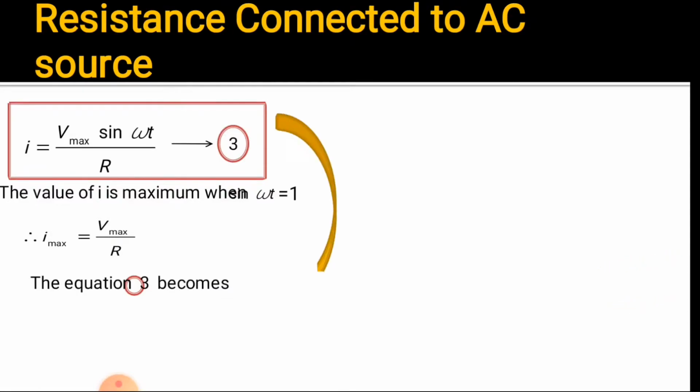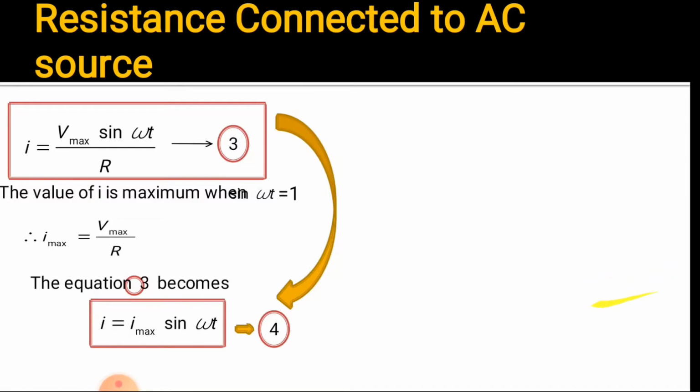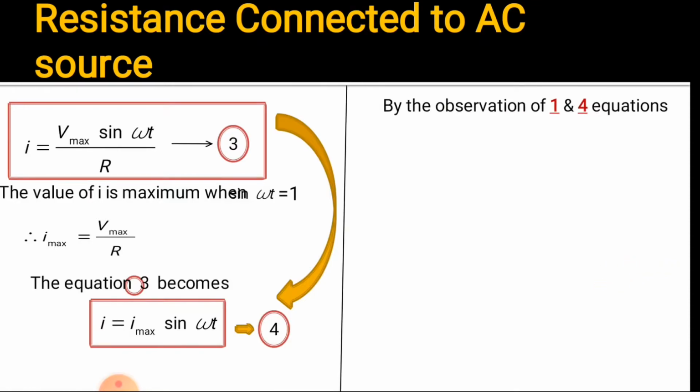Consider this expression as the fourth equation: i = Imax sin ωt. By the observation of equations 1 and 4, it is observed that the applied voltage and the current flowing through the resistance are in phase with each other.